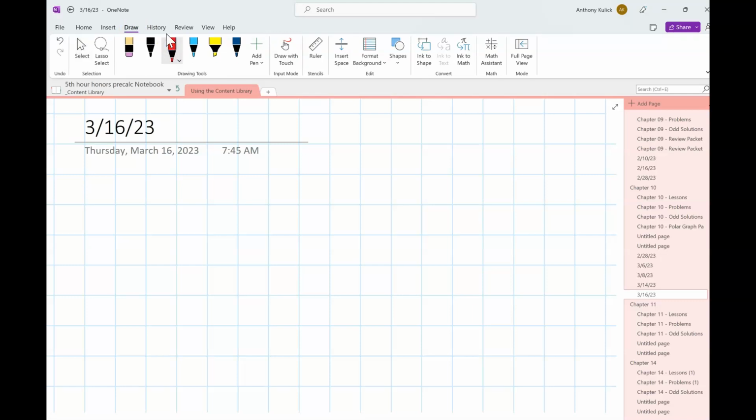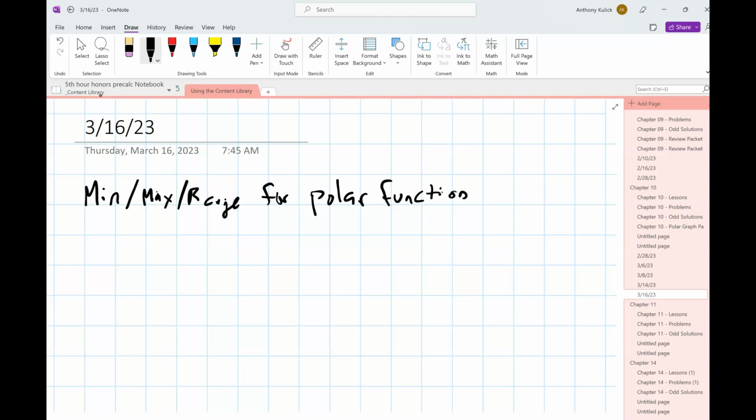Okay, so today what we're going to start by talking about is how to find mins and maxes, and then as a result the range for these polar functions.